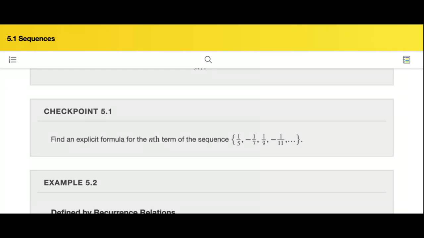Okay, so does anyone have a question about this? Let's observe. The first term is positive. So what do we do? There are a couple of ways to do it, but I would put -1 inside the parentheses, then raised by n plus 1, because the first term is positive. That tells me the first term is -1 raised by an even number.